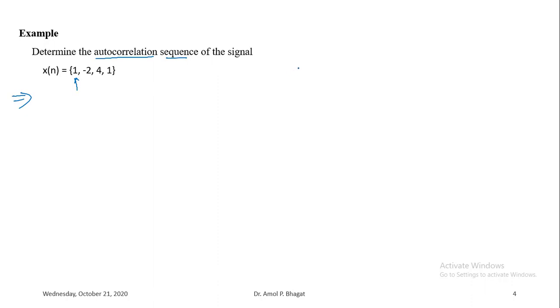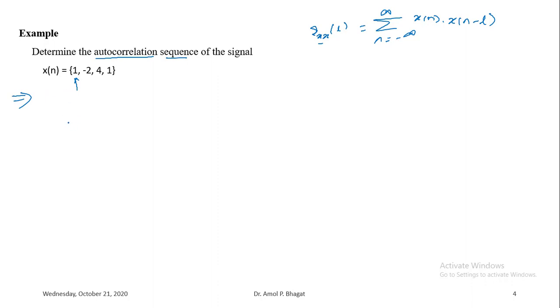We know the autocorrelation formula, Rxx of L equals summation n equals minus infinity to infinity x of n into x of n minus L. Here we want to determine the autocorrelation by using the correlation property of the Z transform.